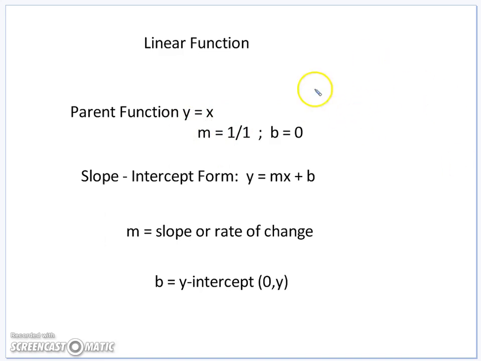So if I were to make a quick basic graph, we start here at the origin, because the y-intercept is 0. Let's draw a few marks.